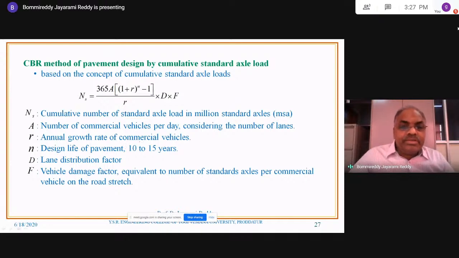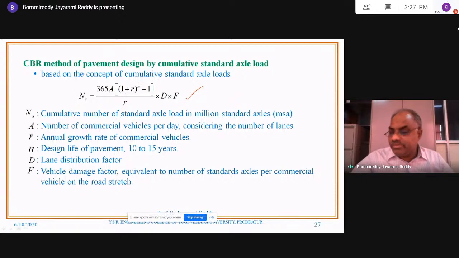Then the CBR method of pavement design by cumulative standard axle load. I already told you the CBR method is adopted by IRC. In the Indian Roads Congress design procedure, the CBR method is considered for the design of pavements. This formula is more important and you need to remember it. It is based on the concept of cumulative standard axle loads, that is, the total number of axle loads that are possible.